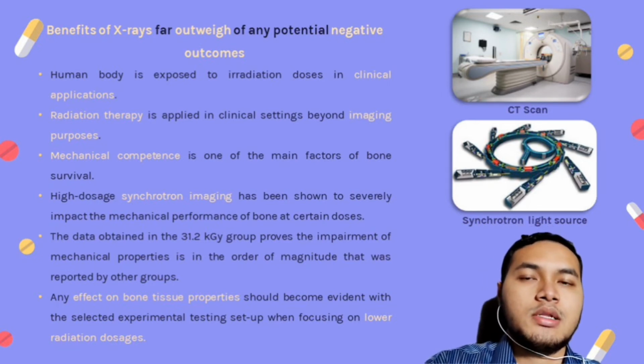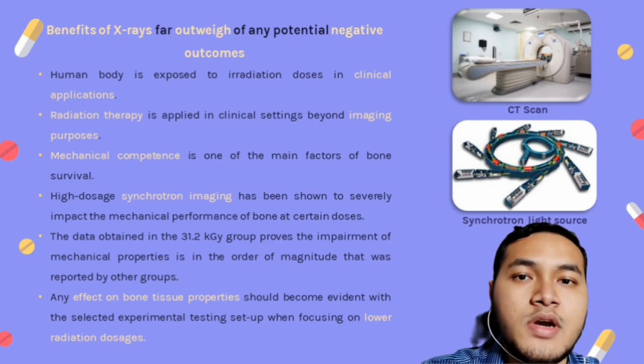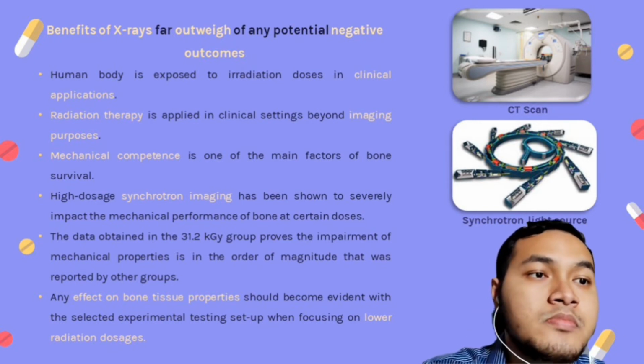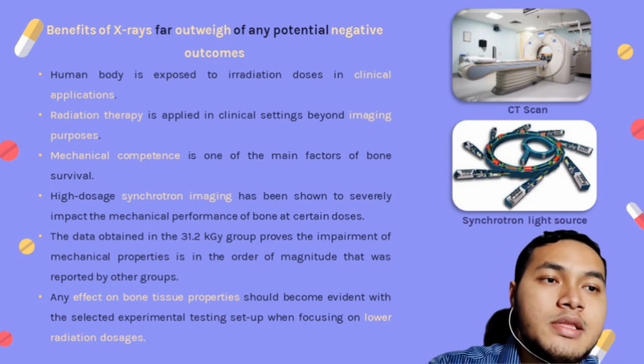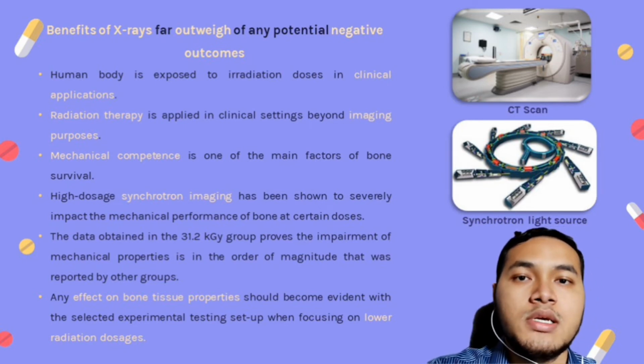Since mechanical competence is one of the main factors of bone survival and one of the main parameters used in bone research, the effects of irradiation on bone mechanics have to be considered.